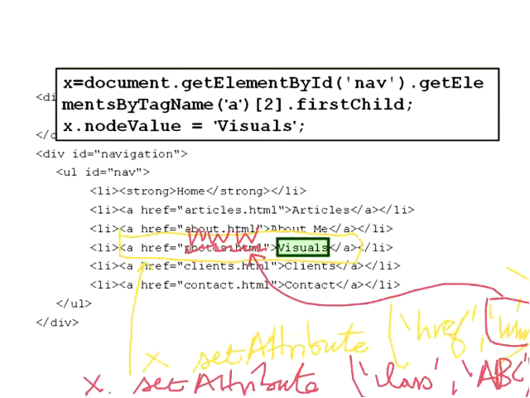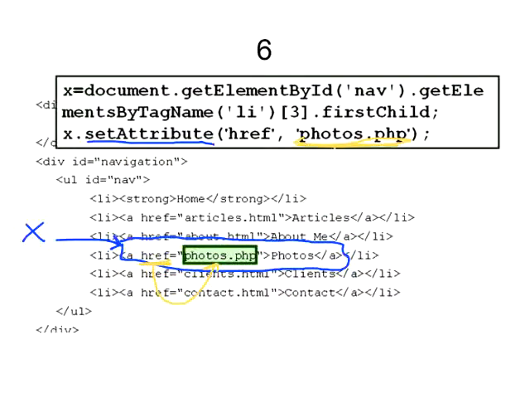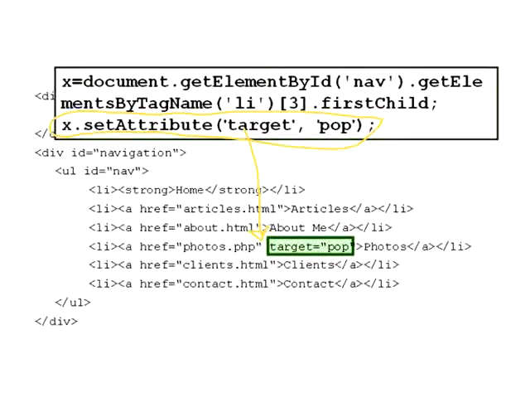In this case, setAttribute adds a new attribute class with the value ABC. Okay, it's clear now? If it exists, update. If not, add. Yes, good.